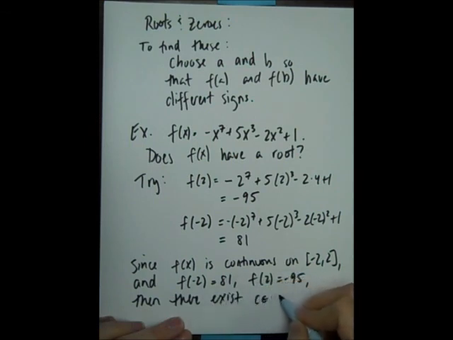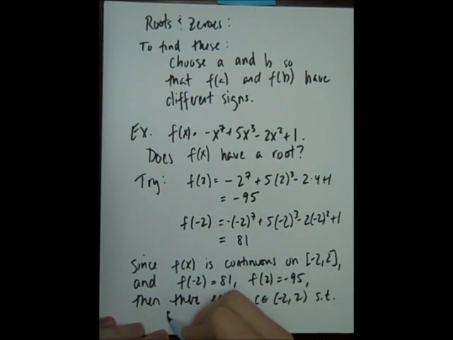So there exists c from -2 to 2, such that f of c was equal to 0. Now there might be more than one, we don't know. But between -2 and 2, there's definitely some x value where I went through the x-axis.